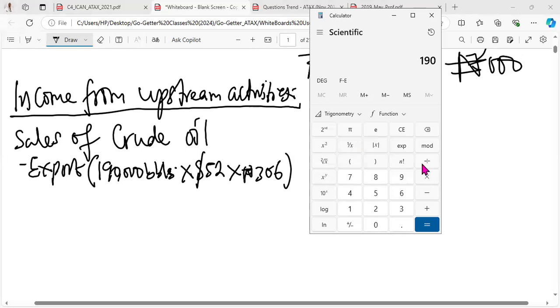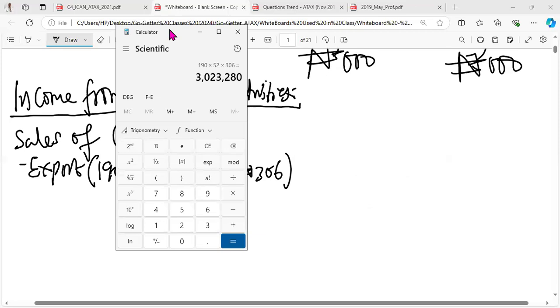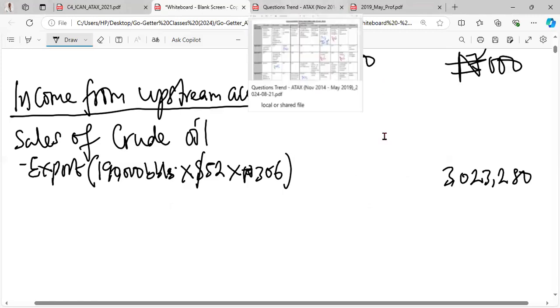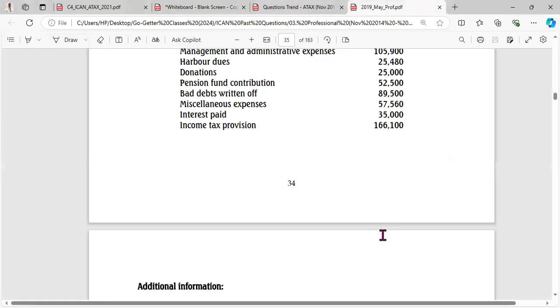So 190 multiplied by 52 multiplied by 306. What I have here is 3,023,280. So I'll come here, 3,023,280.